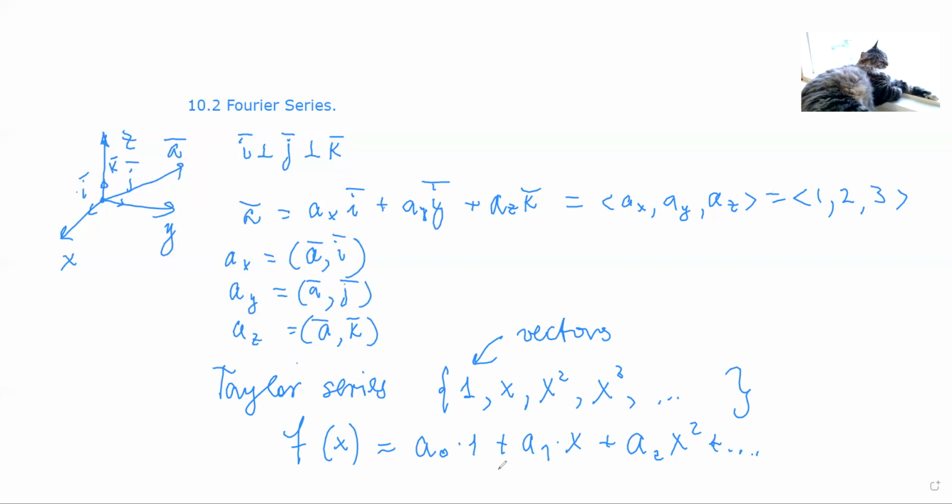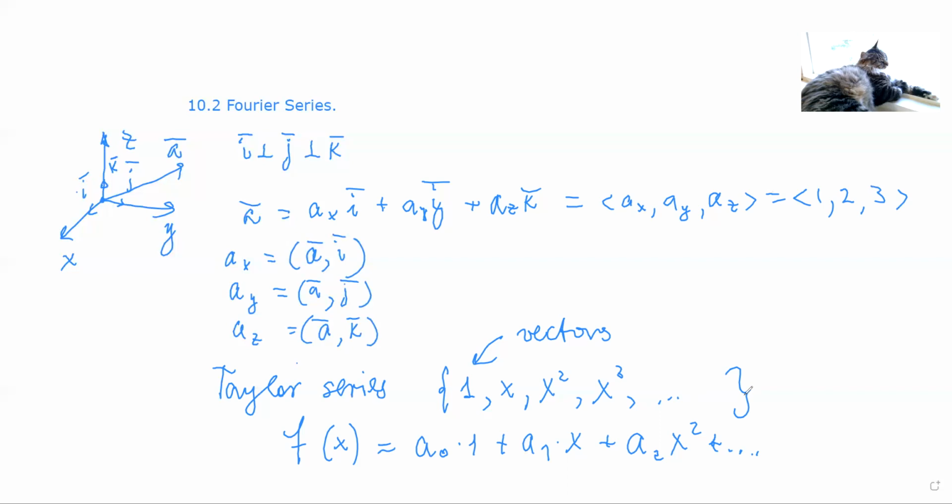Periodic functions work better together with periodic series. It does not mean that Taylor series is not going to represent sine of x. It will represent sine of x, but not that well. It will represent it nearby the point, but not almost everywhere. But if you want to deal with periodic functions, other series are going to work better.